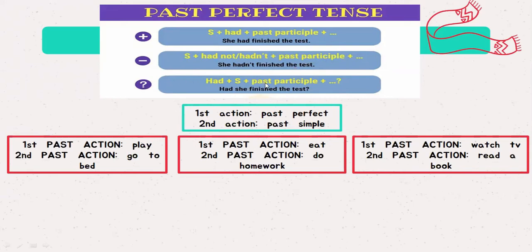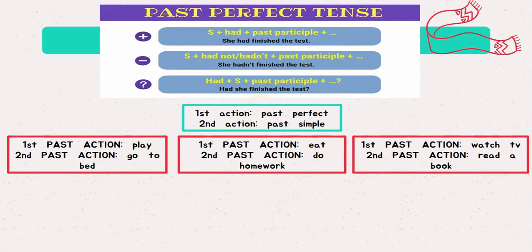And to make a question, we just invert the subject and the auxiliary. We begin the question with the auxiliary, and after the auxiliary, we have the subject, and then the verb in past participle, and then a complement. Had, auxiliary, she, subject, finished, past participle, the test, complement, and question mark because it's a question. Had she finished the test?